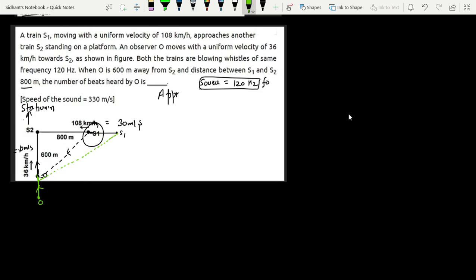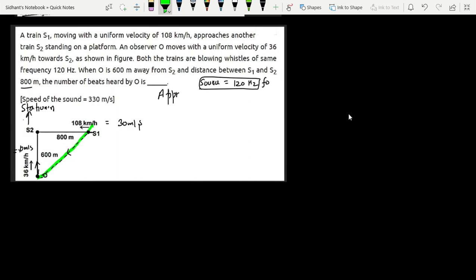Actually the scenario is like this. Not getting it? Right? But you have to solve this question using approximations. Approximation here means that it is quite understood that when S1 is emitting from this particular point, which is given in the question, then this frequency will be heard by O, right?